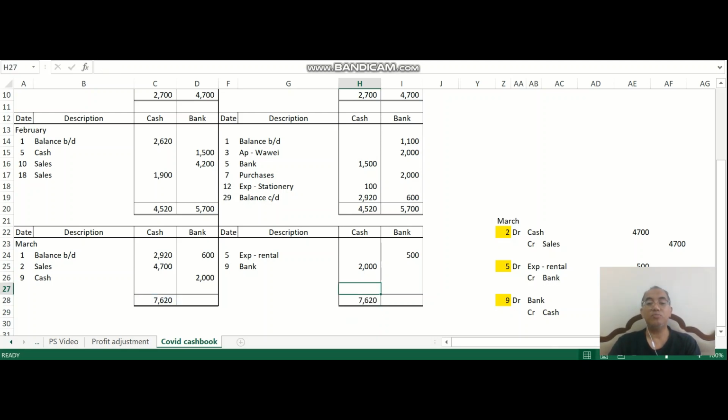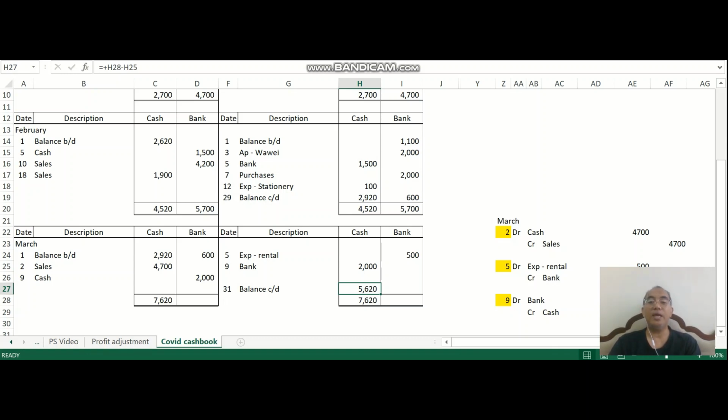Okay, this should be your balance C/D on the 31st. So I take, oops, minus. So my cash balance as at 31st March is 5,620.